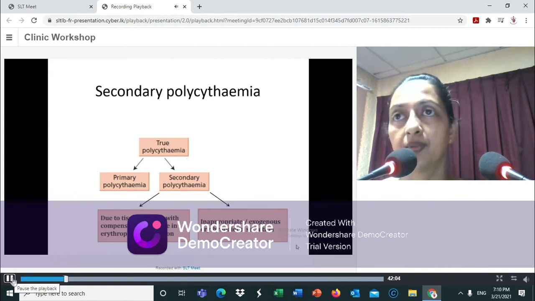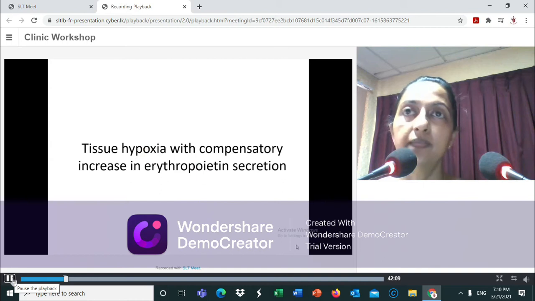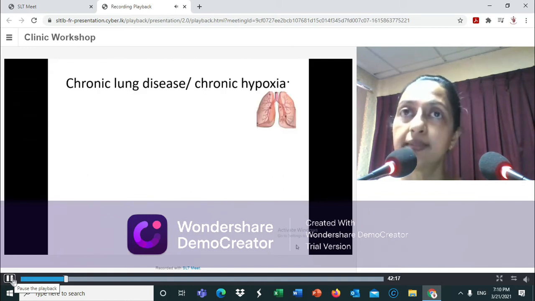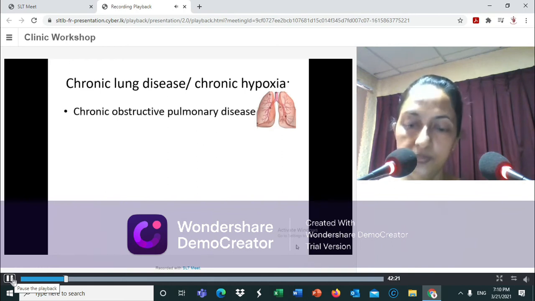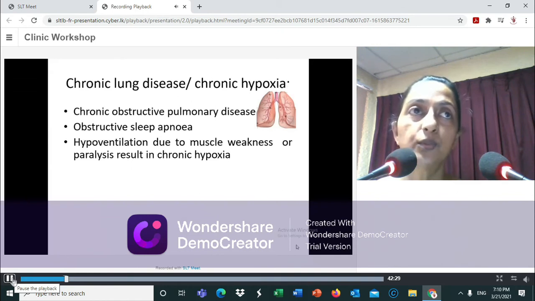Right? So we will first have a look at the causes of tissue hypoxia causing a compensatory increase in erythropoietin. Chronic lung disease or chronic hypoxia. Chronic obstructive pulmonary disease, obstructive sleep apnea, especially in obese people, and hypoventilation due to muscle weakness or paralysis can result in chronic hypoxia.